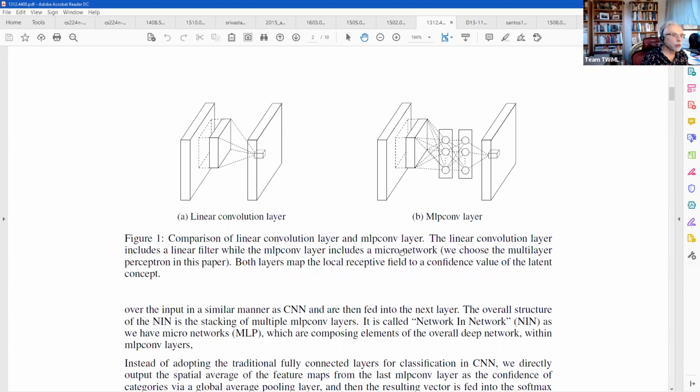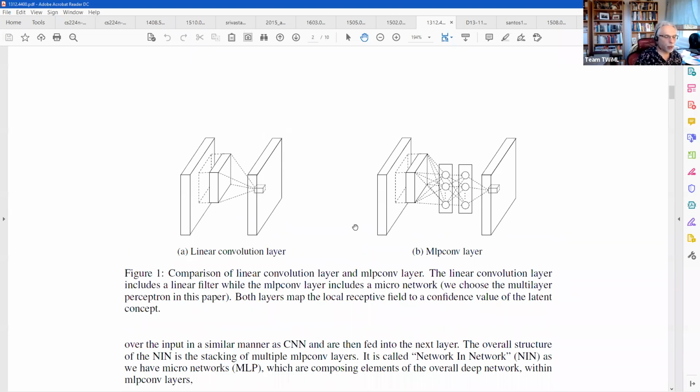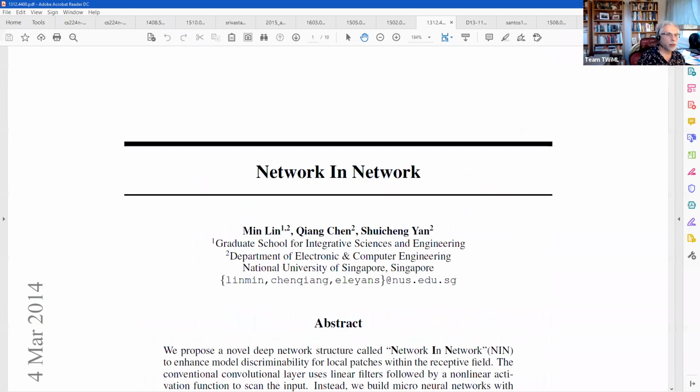The MLP conv layer includes a micro network, that's this fully connected network. Both layers map the local receptive field to a confidence value of a latent concept. I'm not sure what that means, but the point is that using a 1-by-1 convolutional network allows you to take linear combinations of the input. To me, that's what the 1-by-1 CNN does. It allows you to take linear combinations of the input and add them together.